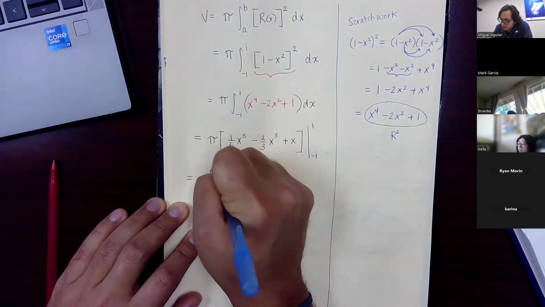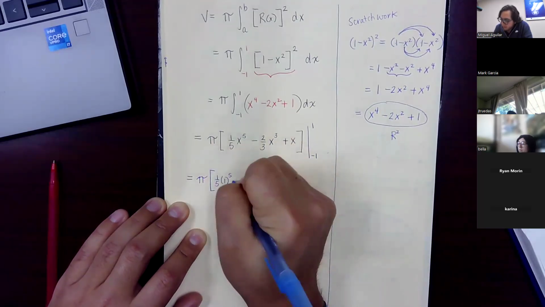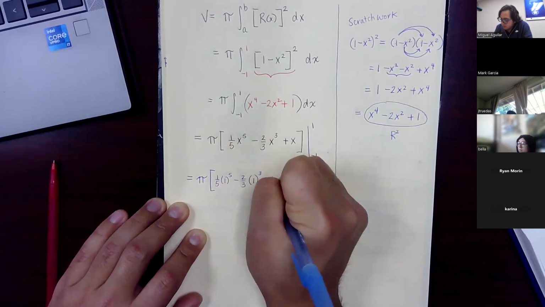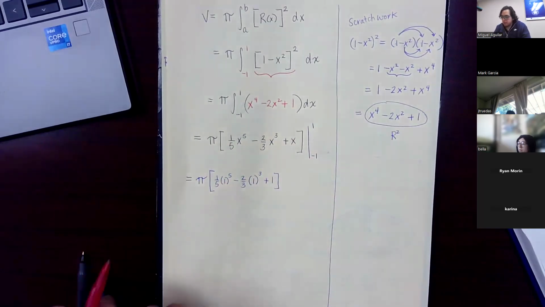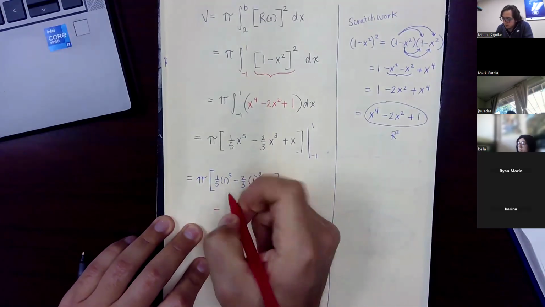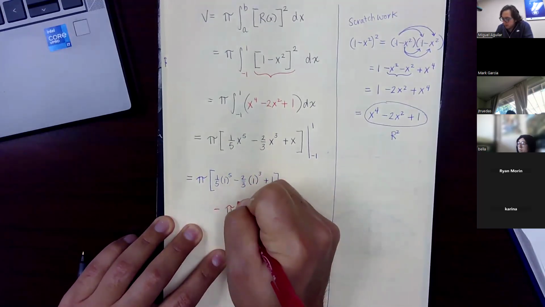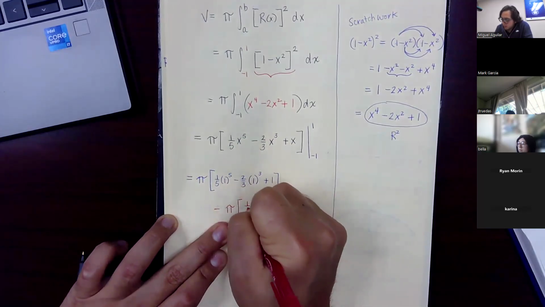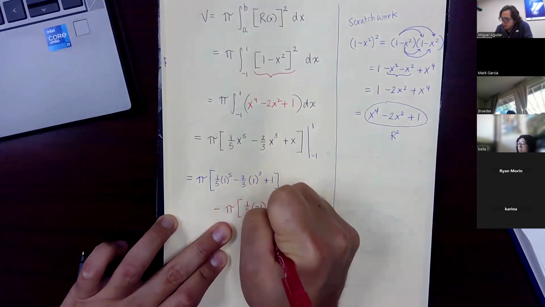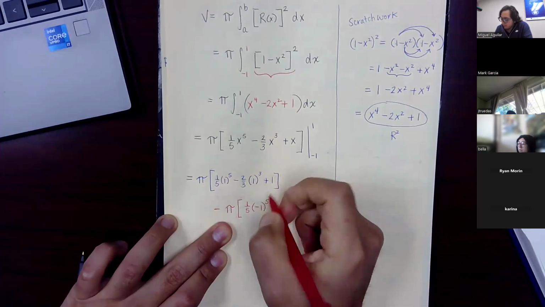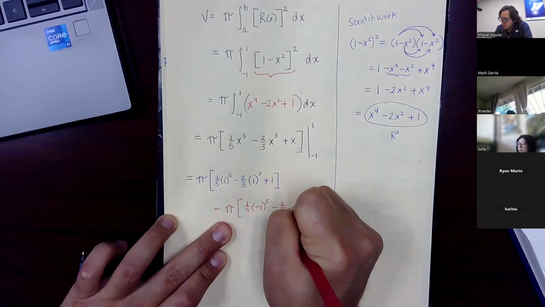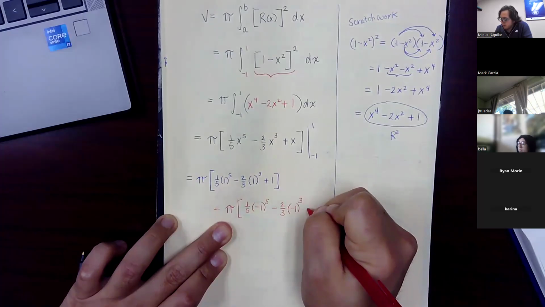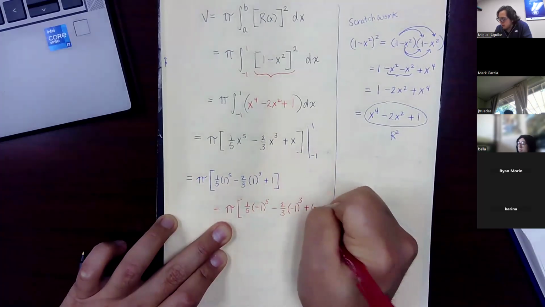So 1/5 times 1 to the 5th minus 2/3 times 1 to the 3rd plus 1, minus pi times 1/5 times -1 to the 5th power minus 2/3 times -1 to the 3rd power plus -1.